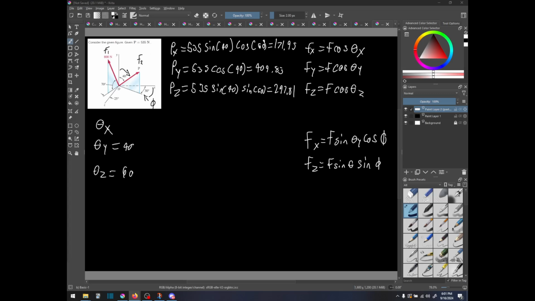Let's see if we're accurate. So P of x, 171.95. The other one is 409.83, and then this one is going to be 297.81.